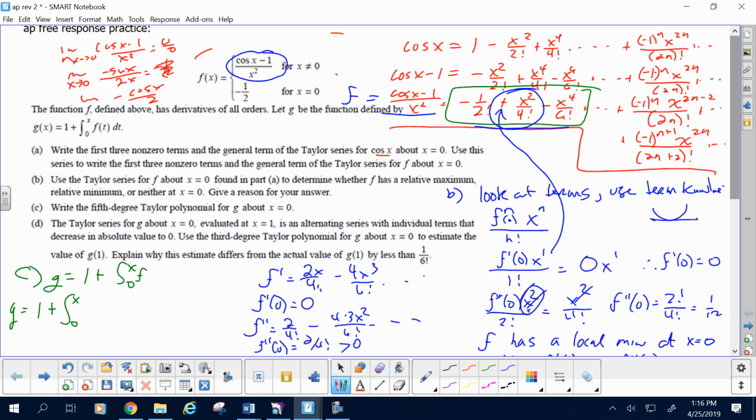So when I plug this series in, do I plug in with x's or t's? Look at the word. It's f of t in the integral, right? So it should be t squared over 4 factorial minus t to the 4th over 6 factorial. I don't know, should I go through the general term? How far should I go?